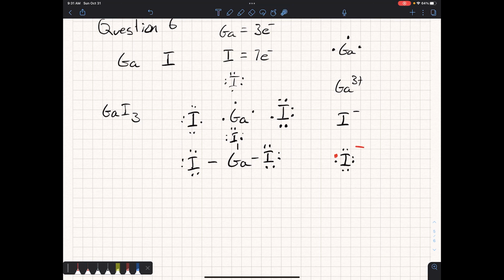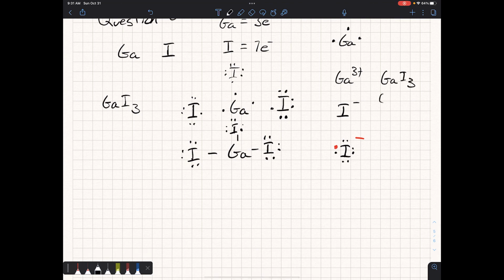So when we combine these together, our 1- charge needs to cancel out our 3+ charge based on the way we previously learned in this class. So you're going to need gallium, and then you're going to need 3 iodines to balance that charge. So now our overall charge on gallium is going to be a +3. Our overall charge on iodine is going to be a -3, which will equal 0.